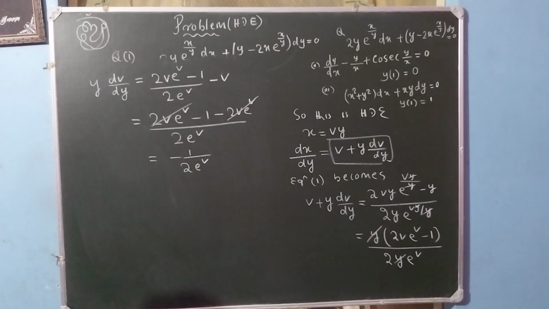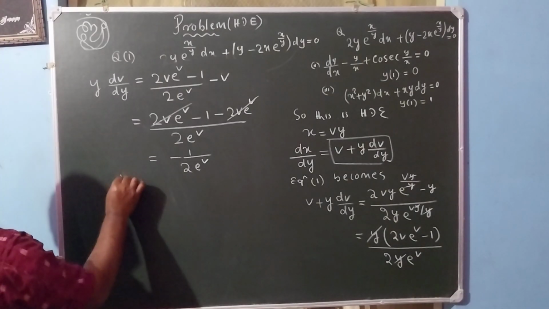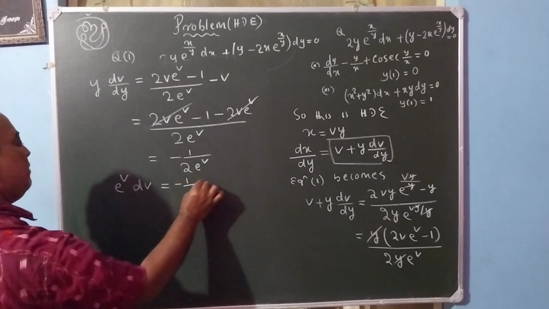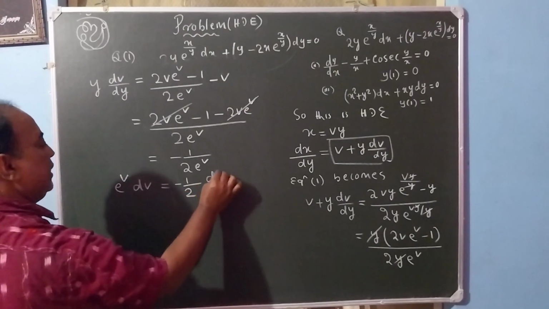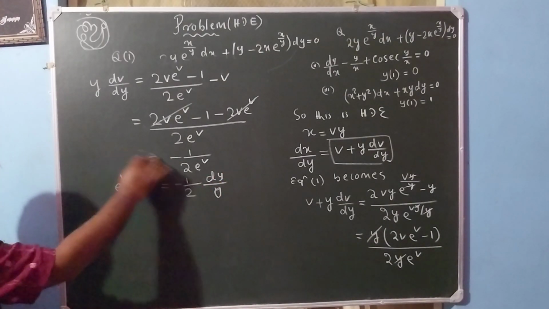Now separating the variables, e to the power v dv is equal to minus 1 by 2 dy upon y.